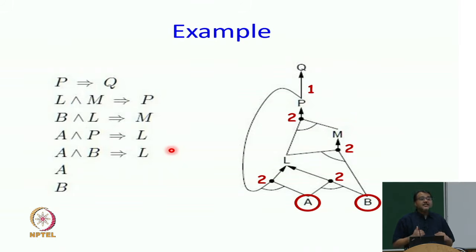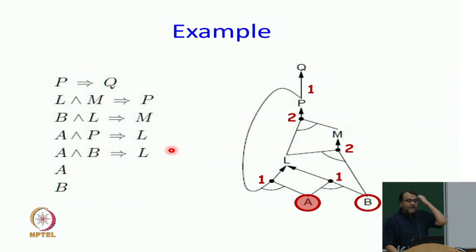Now I can run a simple forward chaining algorithm. How can I run it? Because A is true, I pop it out from the queue, and what do I do from there? As soon as I know A is true, I know that the node for A and B no longer needs two things to be true, it only needs one more thing to be true. So the antecedent has already got one thing satisfied.